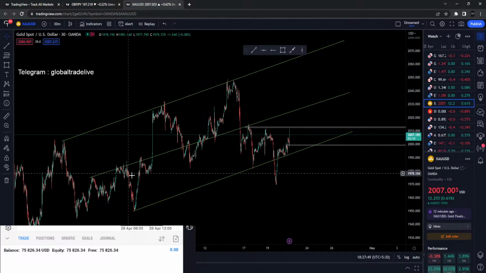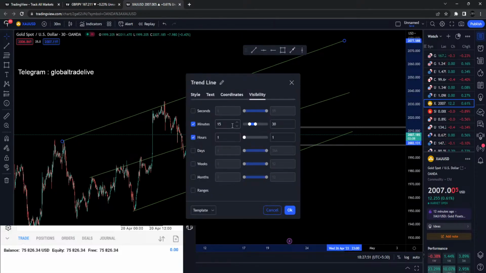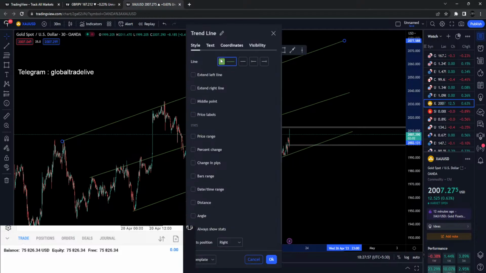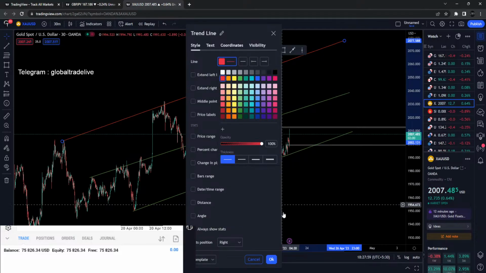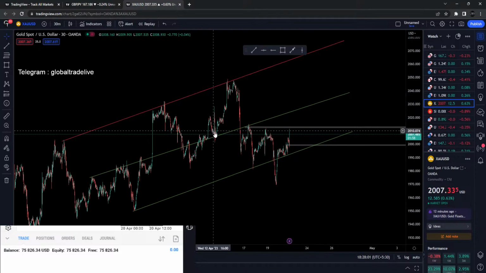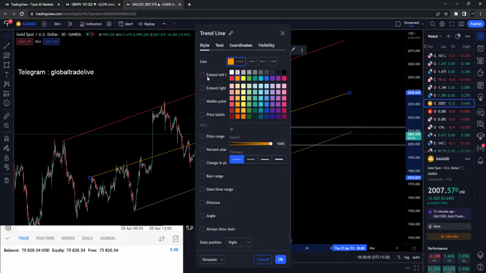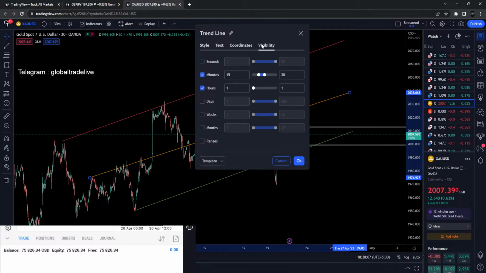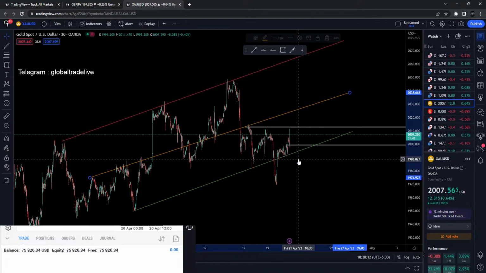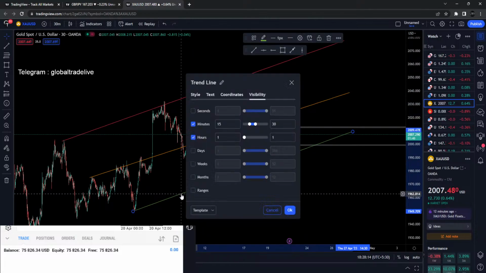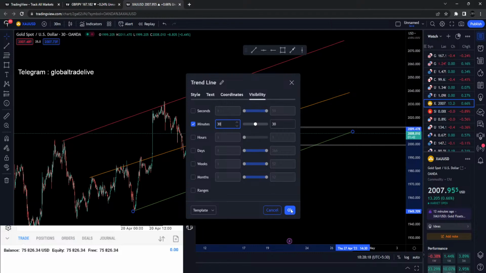So now by joining all these areas together, I'm just going to do some visibility changes. So this is a different one, red, and this will go with both. So I'm gonna go with orange and visibility to 30 minutes only. Okay, and this is green, 30 minutes.